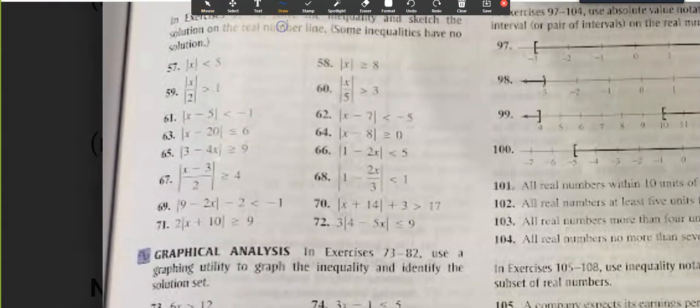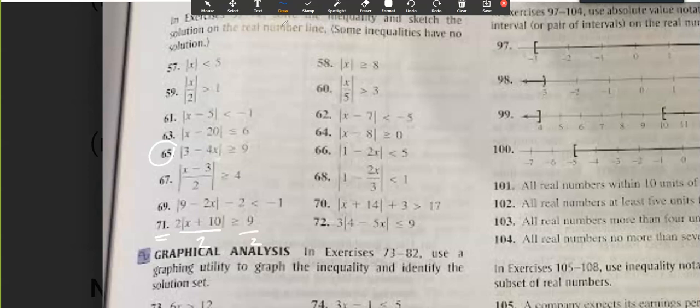Now, these right here are absolute value equations or inequalities. For 65, the absolute value bars are isolated. If you look down here at 71, the absolute value bars are not isolated, so step number 1 for number 71 would be to divide by 2.